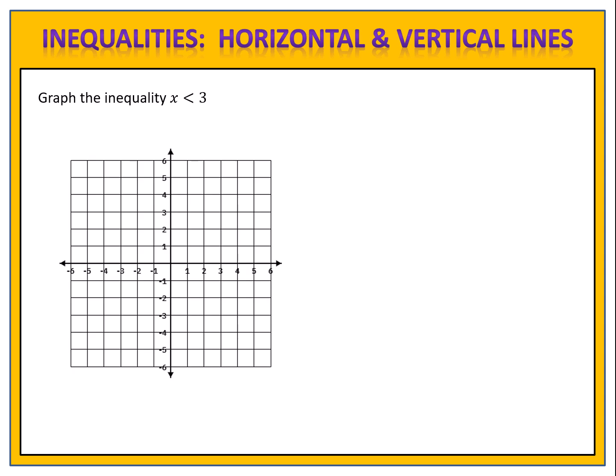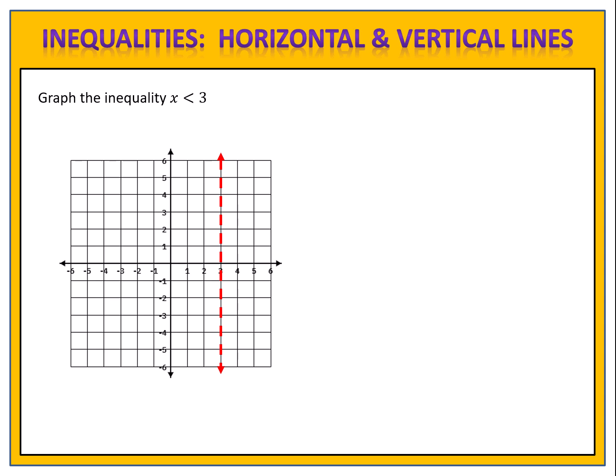In our next exercise, we want to graph the inequality x is less than 3. We begin by graphing the line x equals 3, which is a vertical line through the x-axis at 3. Notice that we do not have a solid line here because we do not have an equal sign in the inequality. A less than is simply a dashed graph. Now we need to identify where we shade.